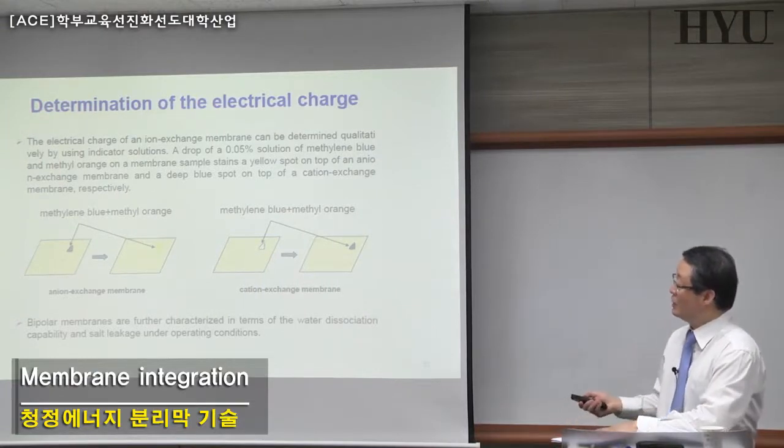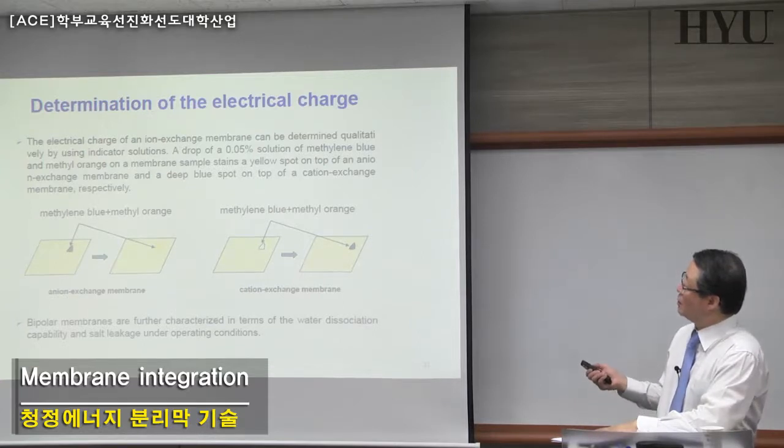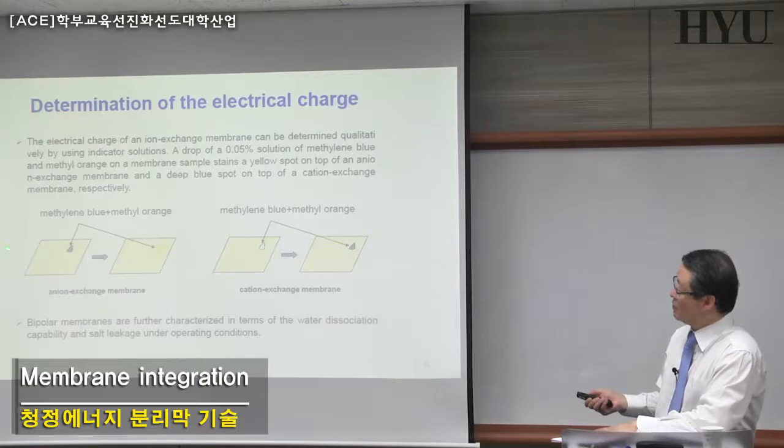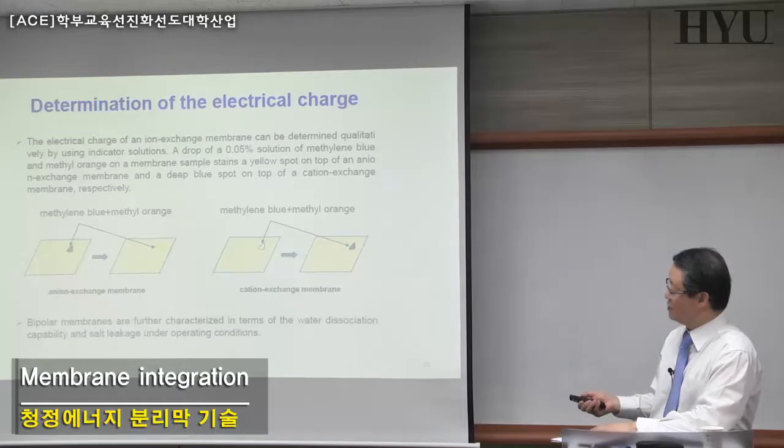So by using the indicator, if you have a small amount of indicator solution, put it on top of the membrane, then the color will be changing if it has any cations on the surface of this membrane. If the membrane has anions, then it will be changing color.